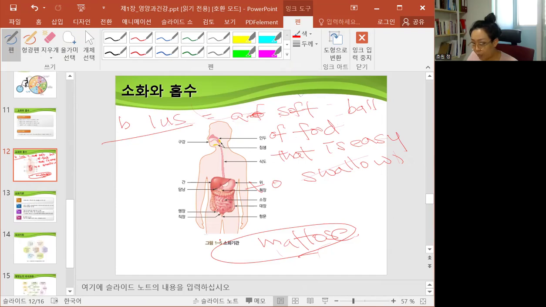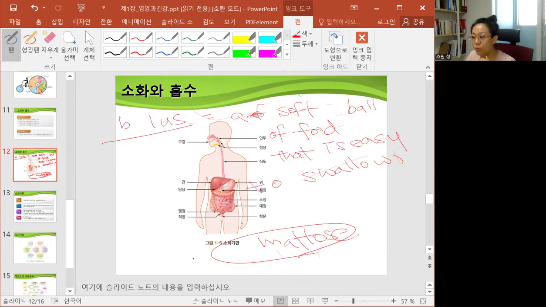For example, when you eat a piece of bread or rice, salivary amylase immediately starts converting the starch into sugar. That is why bread can taste slightly sweet if you keep chewing it for a while.